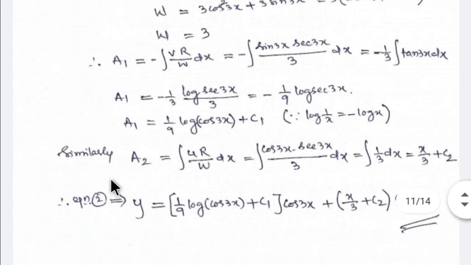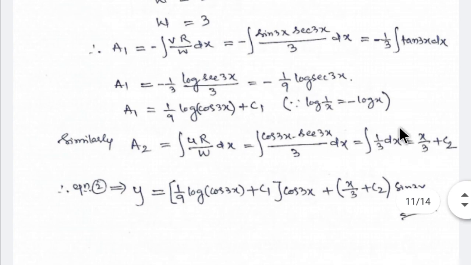Similarly, a2 is given by the formula integral of u into r divided by W dx. Substituting, u is cos 3x, r is sec 3x, divided by W which is 3. Here cos 3x times 1 by cos 3x cancels, so you get only the integral of 1 by 3 dx.